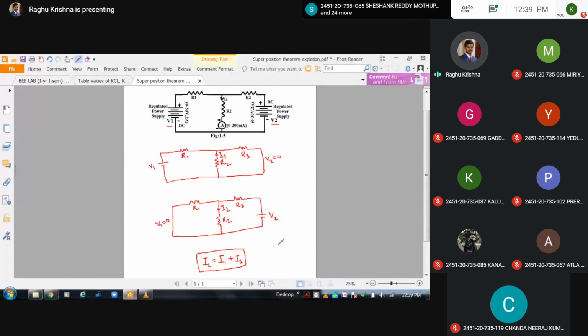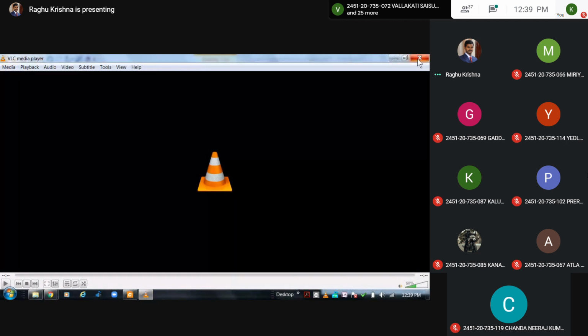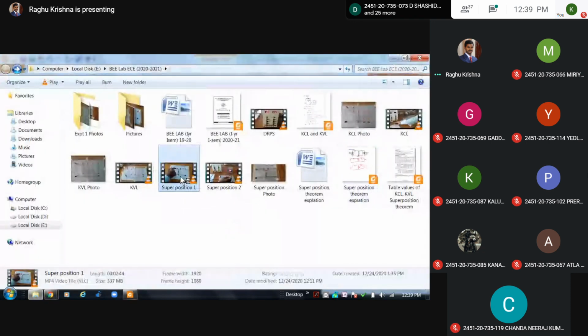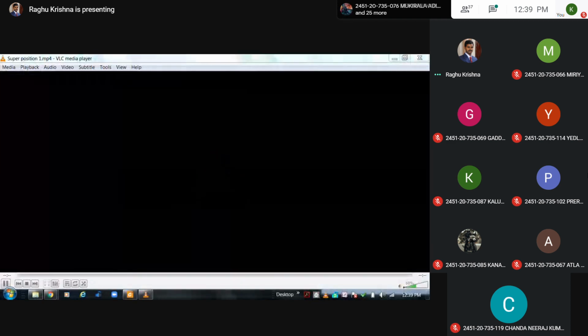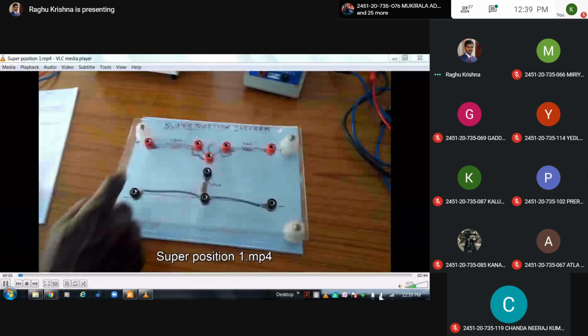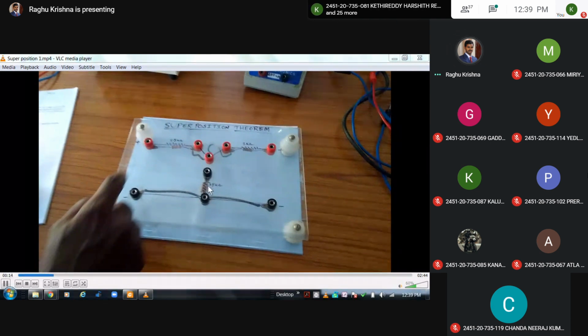Now I will explain the practical circuit. So here this is the superposition theorem kit.